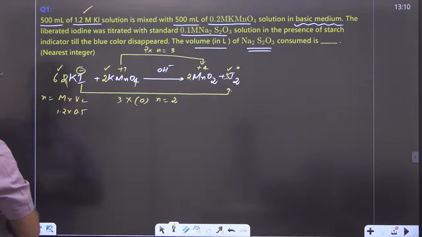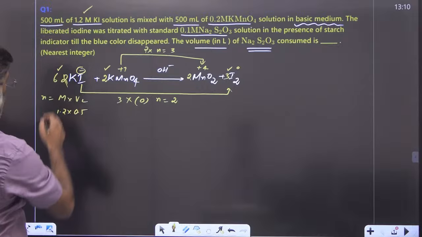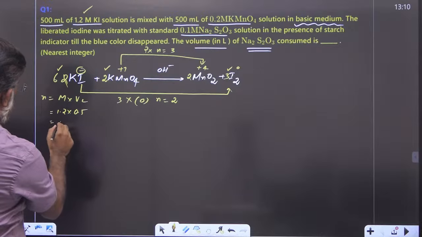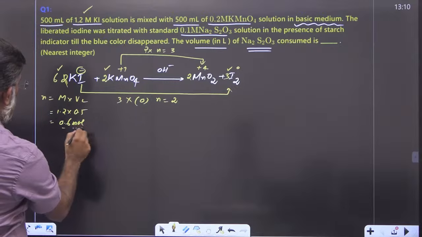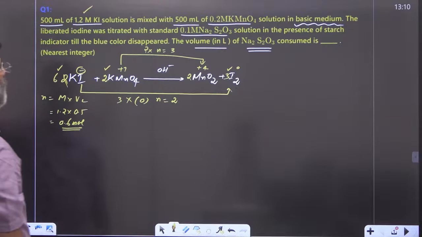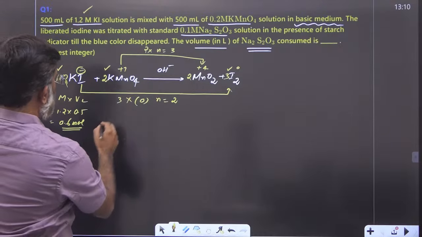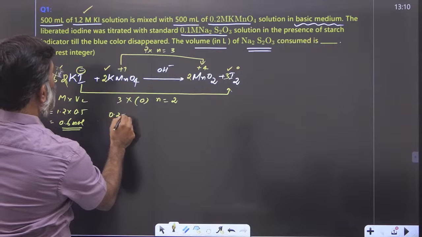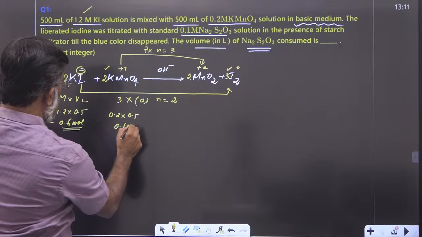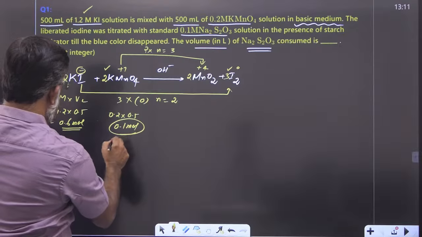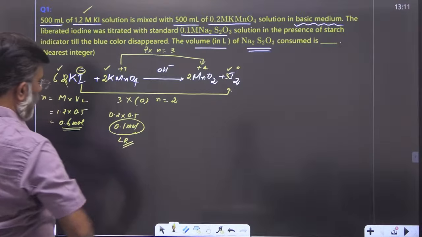Number of moles is 1.2 into 0.5, so it is 0.6 mole. This is the KI taken. The other one is again molarity 0.2 into volume in liter 0.5. It is 0.1 mole. So this is the limiting reactant.